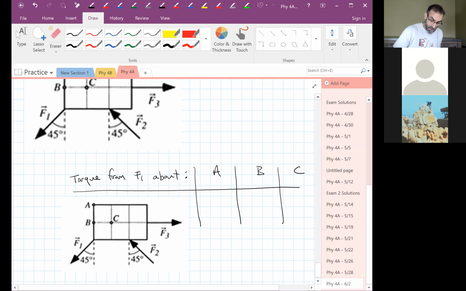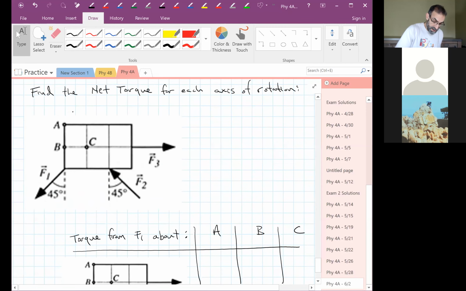I think it said this was 1 meter, right? It was a 3 meter by 2 meter grid, right? So the spacing is 1 meter and the magnitudes are all the same. We'll just call it F.